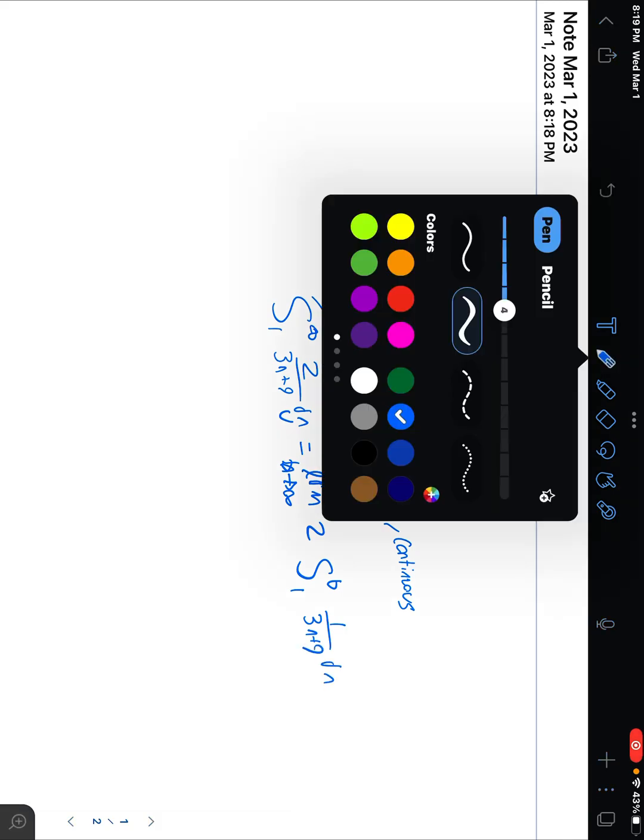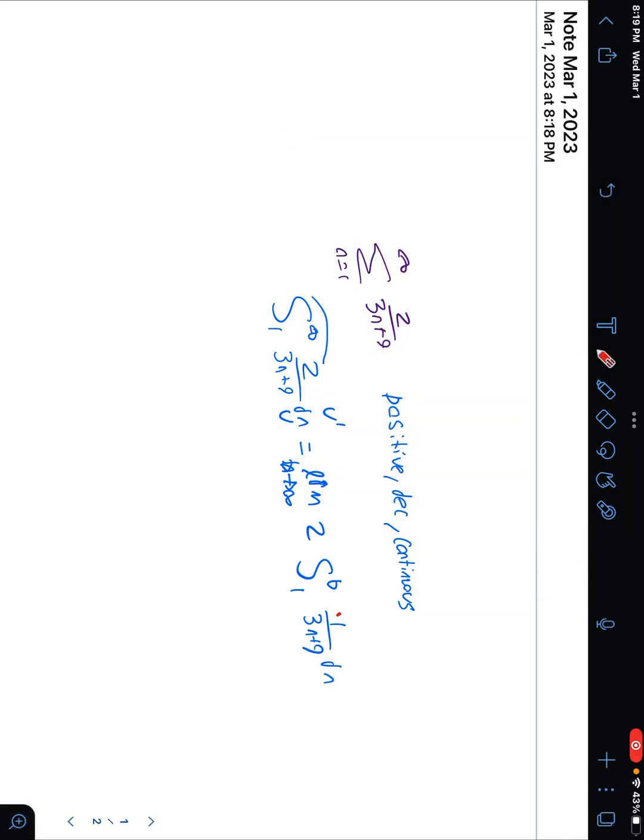And what we need is to put a 3 in the numerator because the derivative of 3n is 3, and then a 1/3 outside of it. As a result, we're going to have the limit as b approaches infinity of 2/3 ln of 3n plus 9, evaluated from 1 to b.